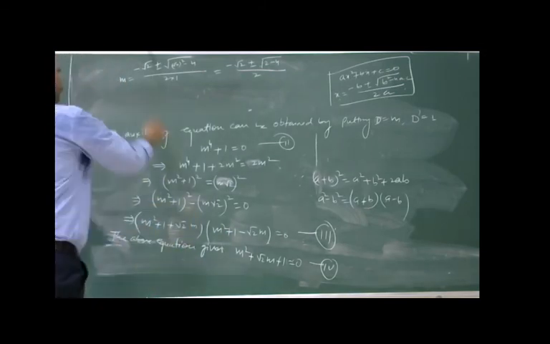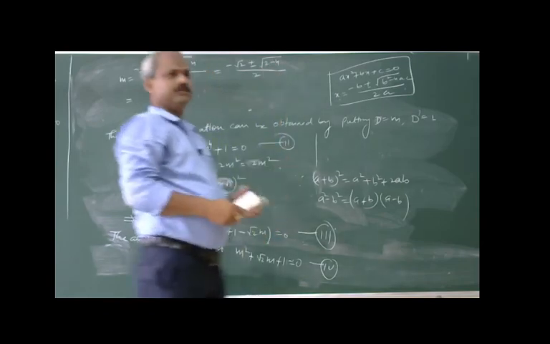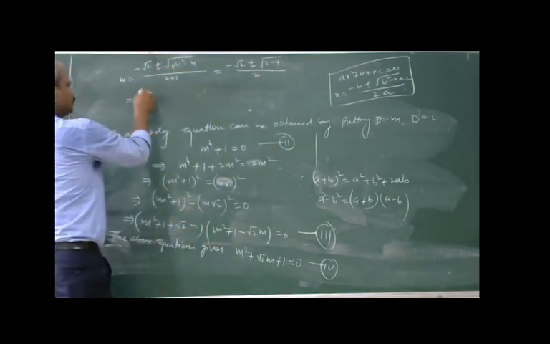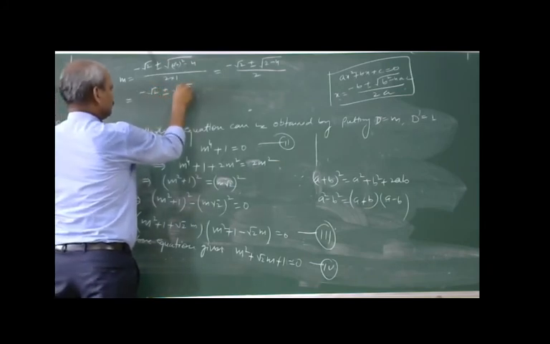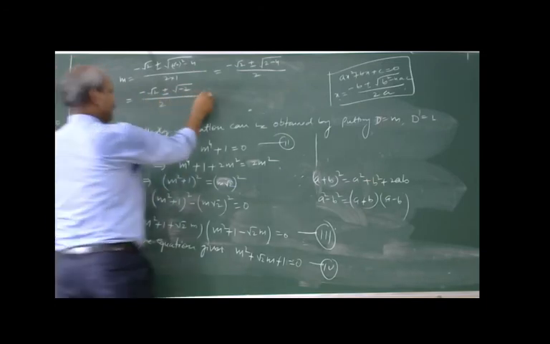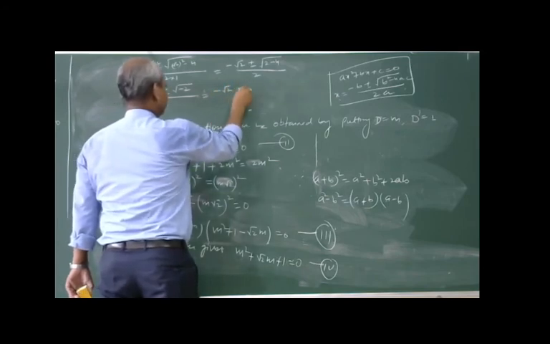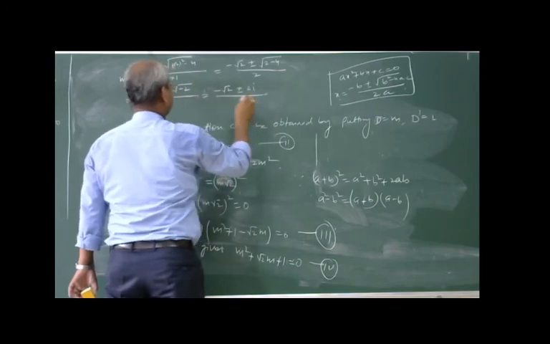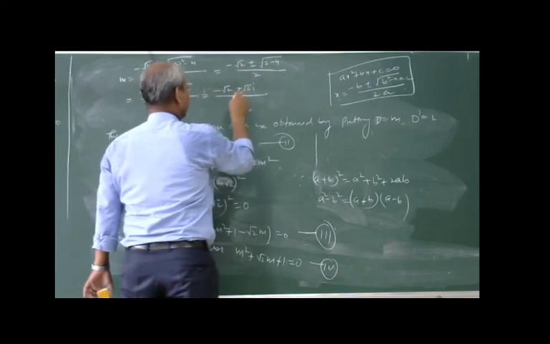Just see here, students, 2 minus 4 becomes minus 2, so (−√2 ± √(−2)) / 2. So √(−2) can be written as √2 i, upon 2.